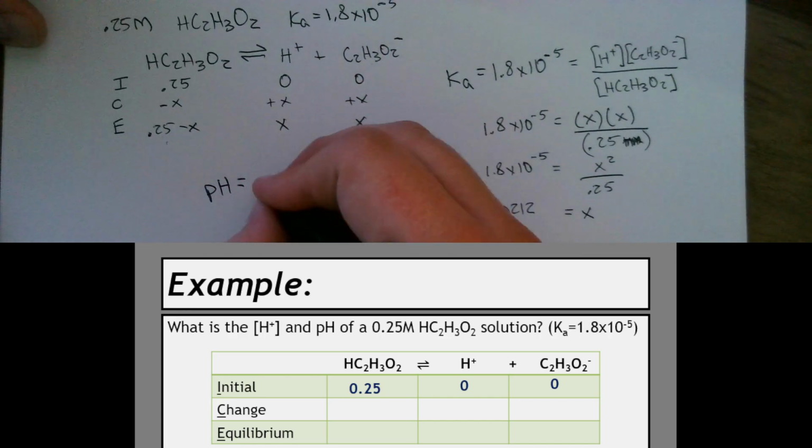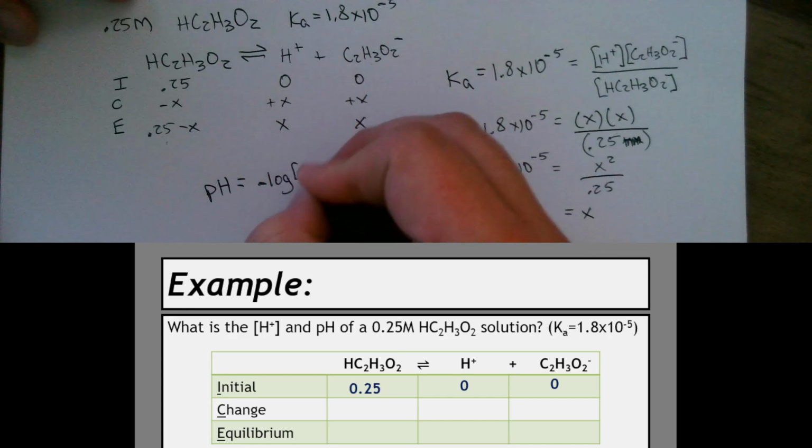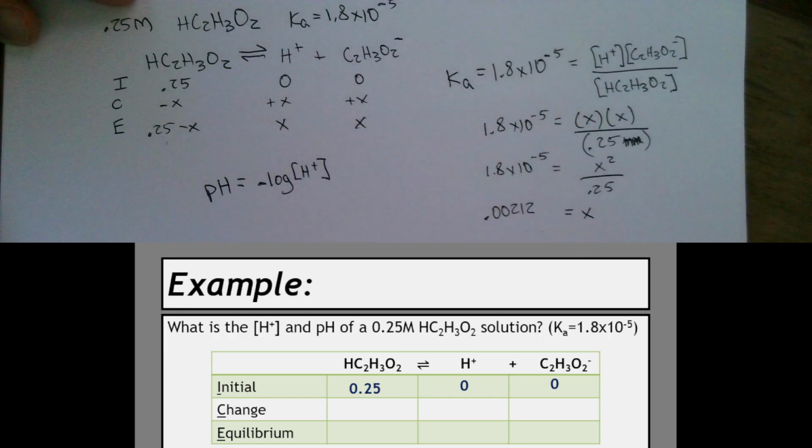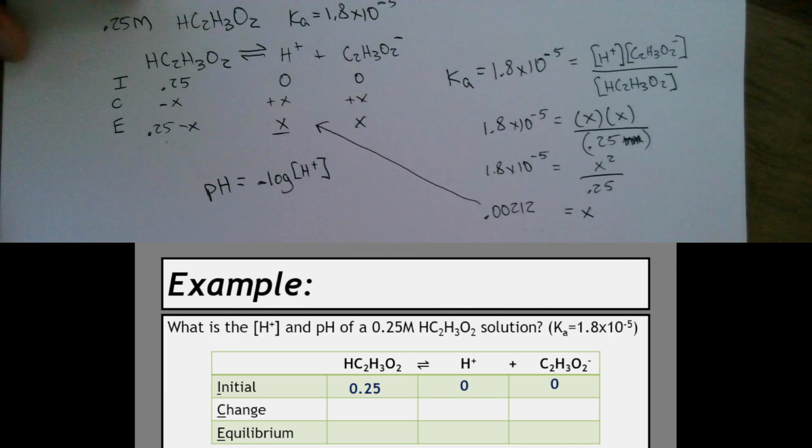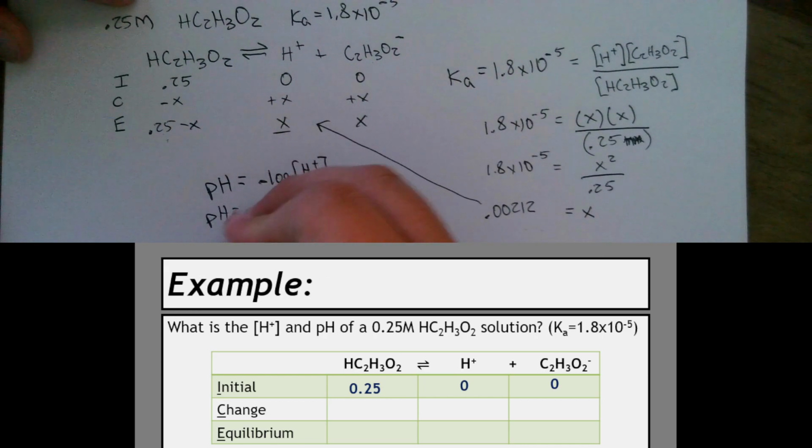Remember, pH is just the negative log of the H plus concentration. So if I can find the H plus concentration, I can find pH. H plus is just X. So that's what we found. So I'm just going to plug that number into the pH formula.